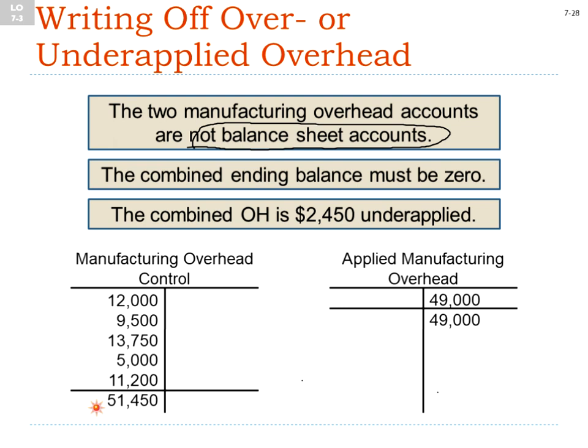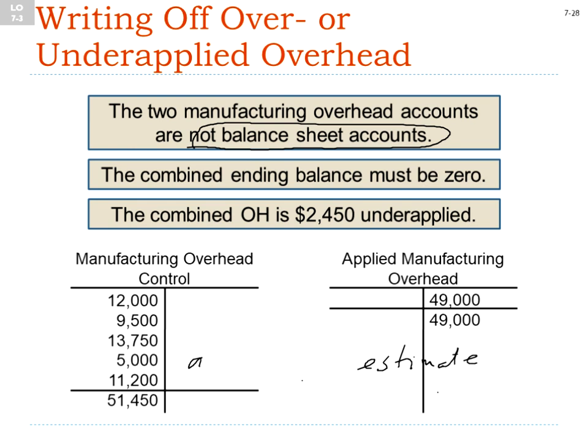And then on the right side, you have applied manufacturing overhead. And what that is, is overhead that was allocated based on what? It was based on an estimate, right? Remember your predetermined overhead rate.